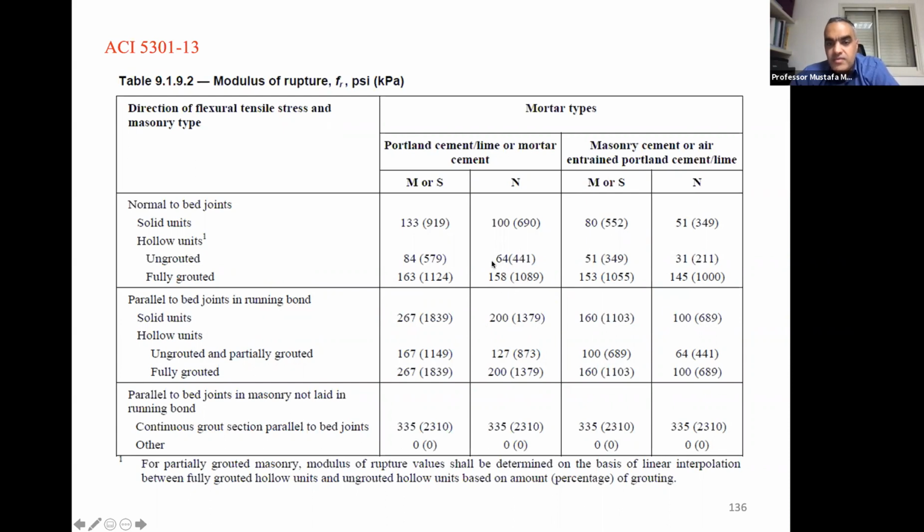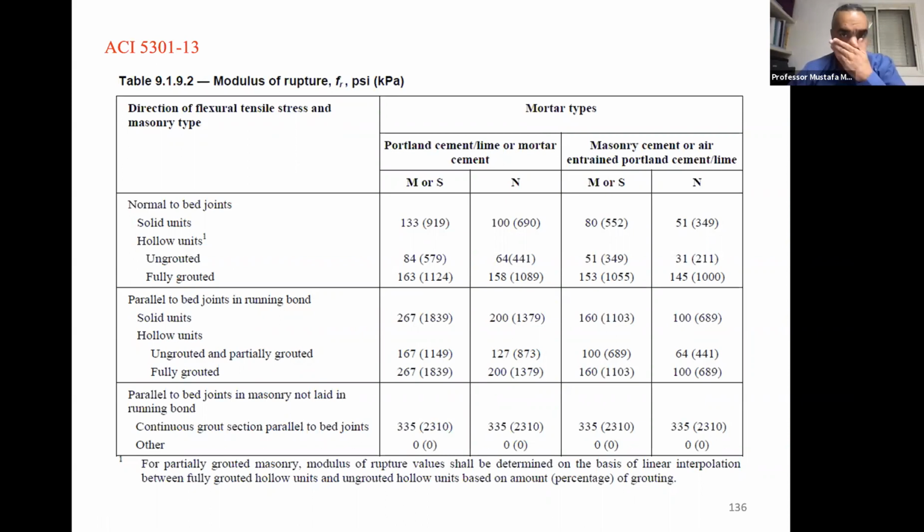For example, for hollow unit, ungrouted, type N mortar, that's 64. That was 25 in ASD. So if we are designing unreinforced masonry using strength design, this is the table we need to use.